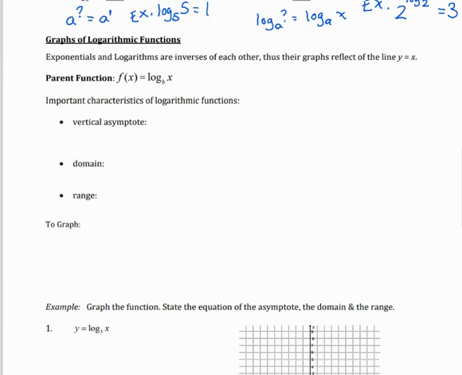So with that being said, our vertical asymptote, remember in an exponential, we had a horizontal asymptote. Since this is an inverse, we're going to have a vertical asymptote, and that'll be in the form of x equals some constant. Remember, an asymptote is a line that the graph approaches. So in this case, it's a vertical line that the graph approaches.